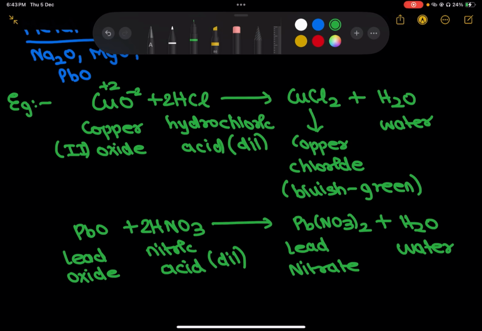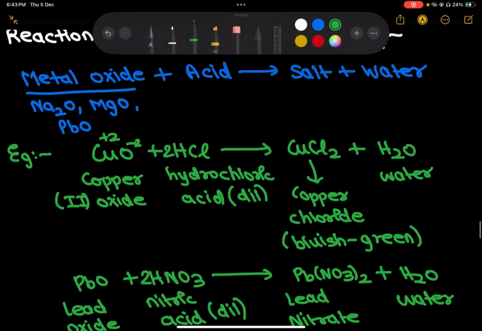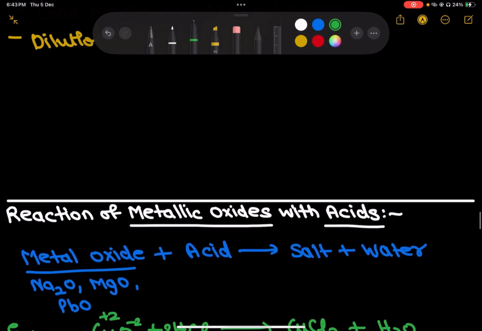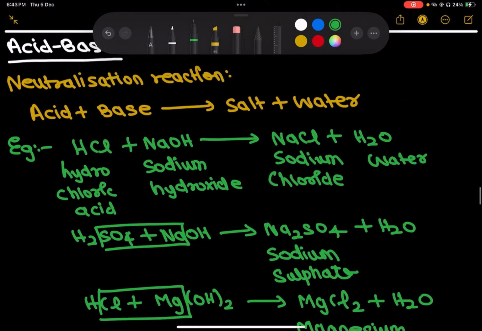Now if you see this carefully, you will notice that metallic oxide plus acid produces salt plus water. Now, salt plus water, we have also seen in the neutralization reaction, if you remember. Here acid plus base, or I should say base plus acid forms salt plus water.